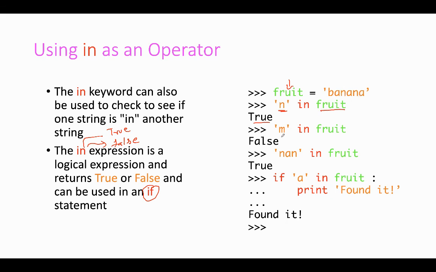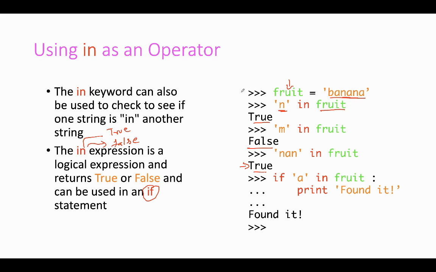Second example, yum in fruit. You can see there is no yum word in your banana, so it returns false. nan in fruit returns true because nan is there, these three characters.